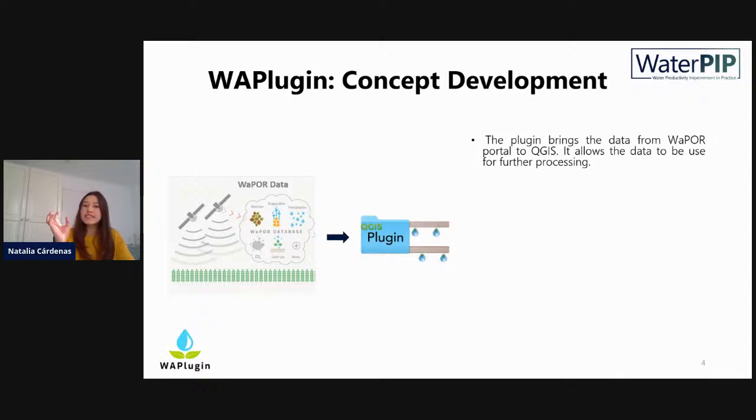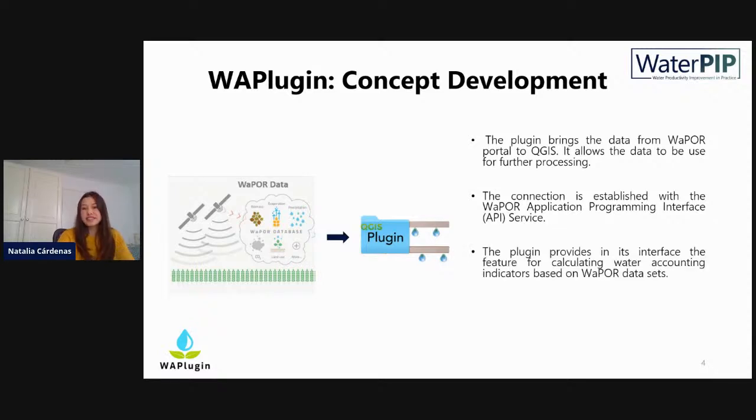So what the plugin does is connect the WaPOR portal directly to QGIS, so it saves some time. It's an easier and faster way to use the WaPOR portal in a GIS software. And the connection is established with the WaPOR Application Programming Interface service. Moreover, the plugin also provides in its interface the feature for calculating water accounting indicators based on WaPOR datasets.